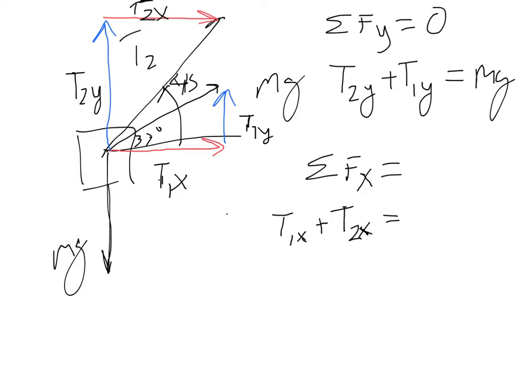Mike, if you looked at this from the top down, how would you describe the path of that block? Circular. So in the x-plane, looking from the top down, it's moving in a circle. So what must the sum of the forces in the x be?